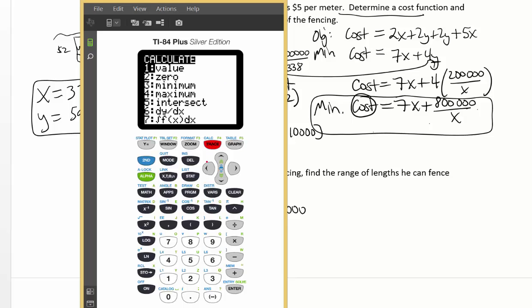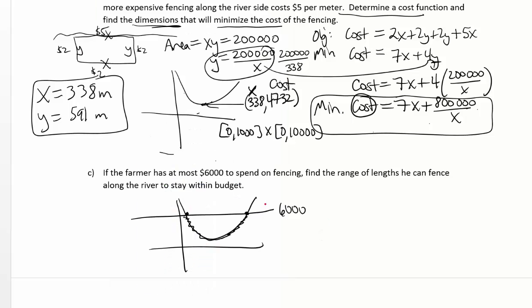So we can use that intersect command, and we can find both of these intersection points. So 165 would be the x on the left, and if I do the one on the right, then I get 691.98. So let's label those.